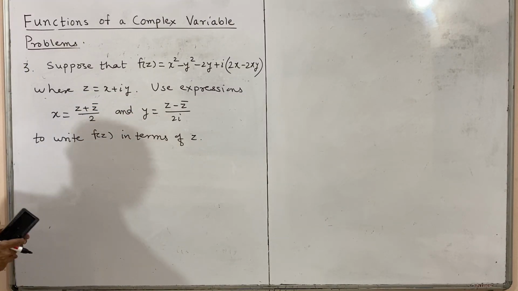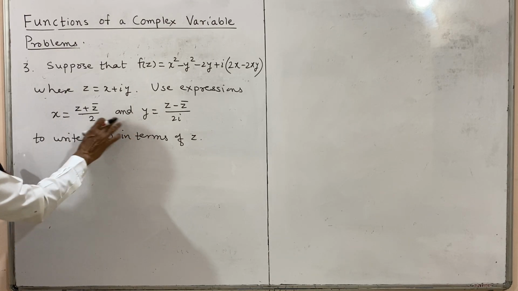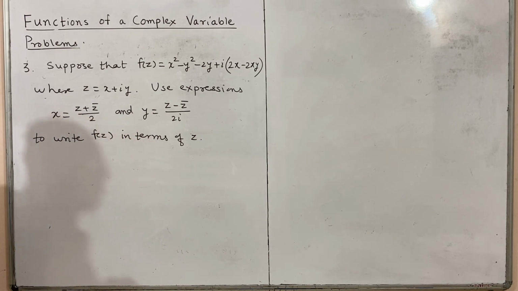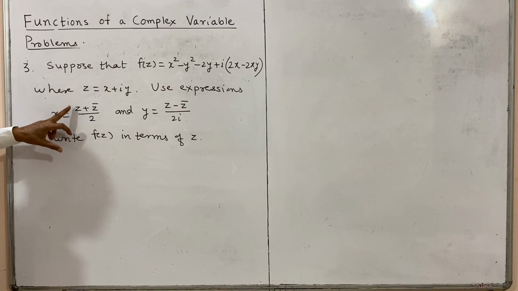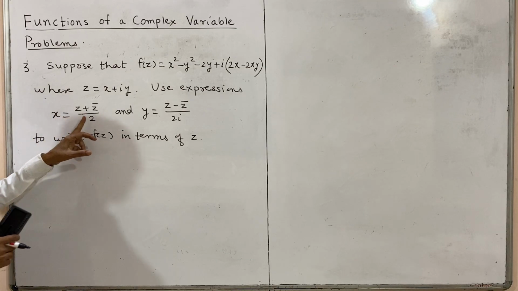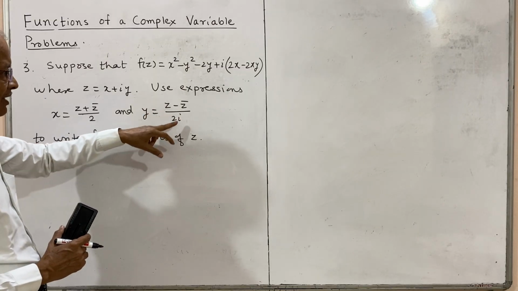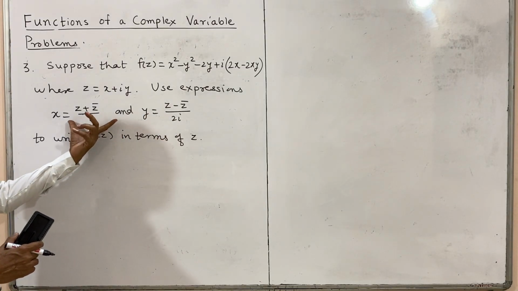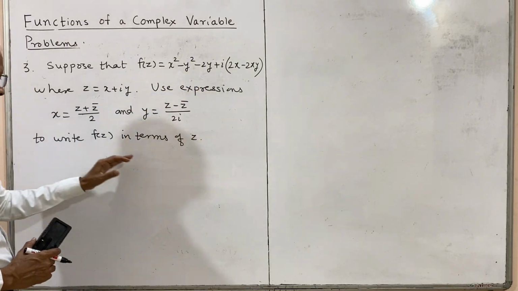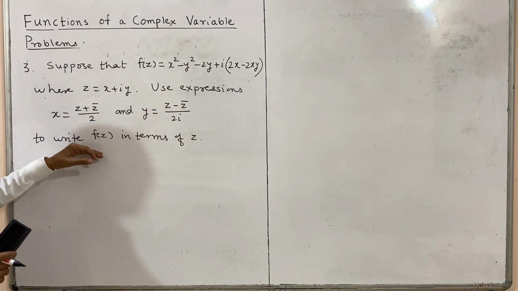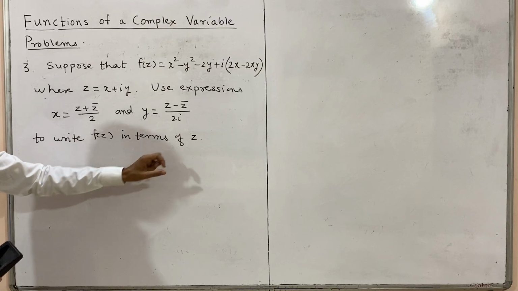We are asked to use the expressions x is equal to z plus z bar divided by 2 and y is equal to z minus z bar divided by 2i. These are the values of x and y to be used in the right side, and find the expression of f of z in terms of z. This is actually a hint given to solve the problem.